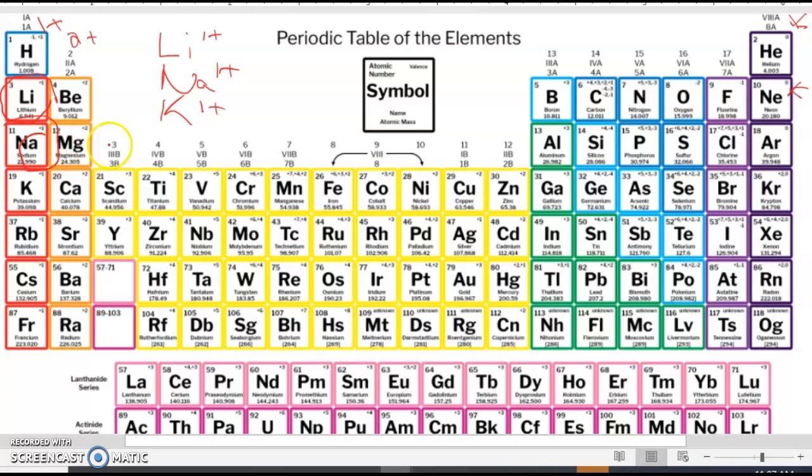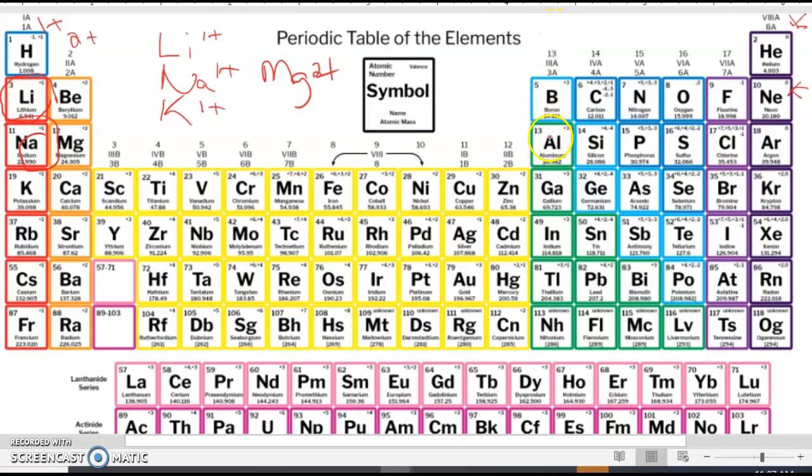It would need to lose 2. So its ion would be Mg 2 plus. Calcium, same thing, Ca 2 plus. All right, then we'll learn a little bit more. We have a chart that has these on it.